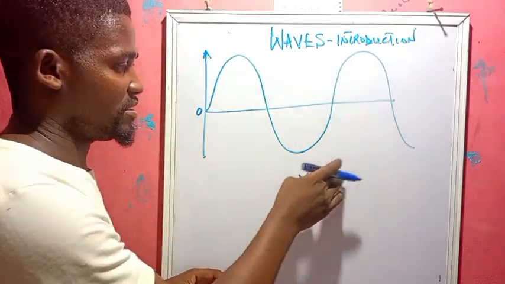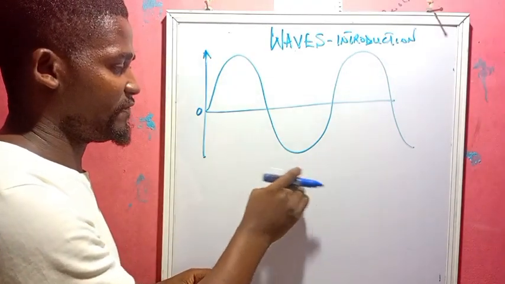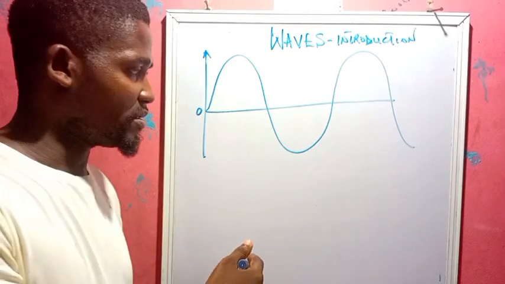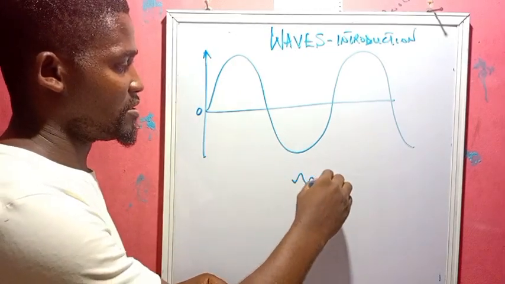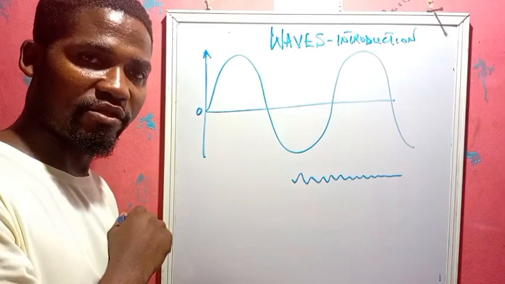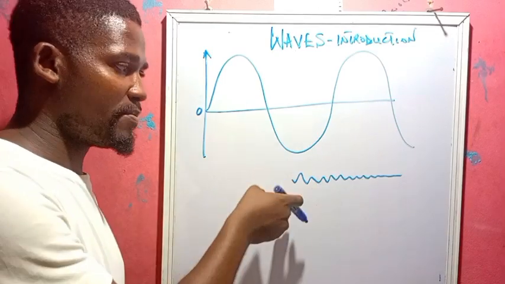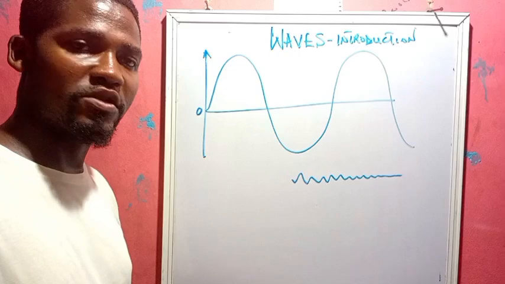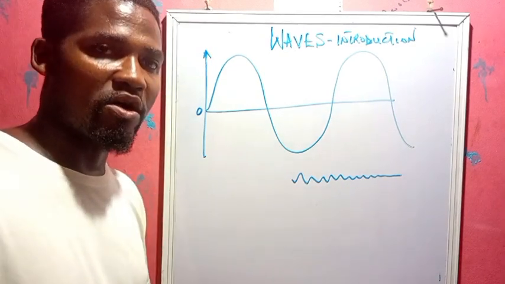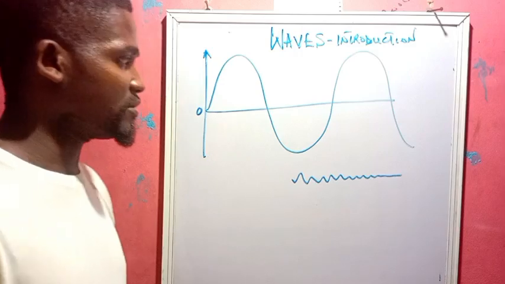A wave, by definition, is a disturbance that travels through a medium and transfers energy as it moves from one part of that medium to another, without a permanent displacement of the medium itself. So that's what a wave is.